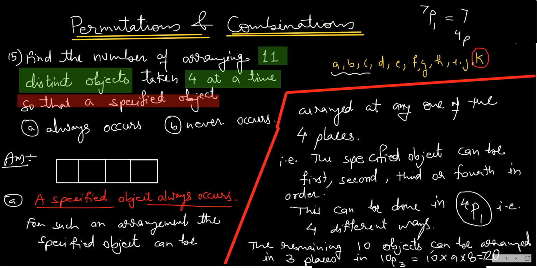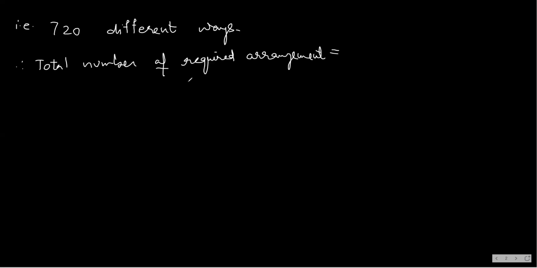The total number of required arrangements is 720 into 4. See, 4 and here 720. 720 into 4 is 2880. This is for the first case.